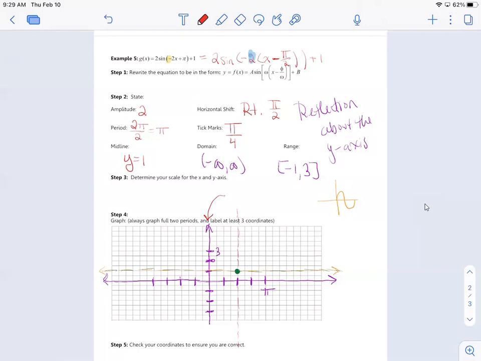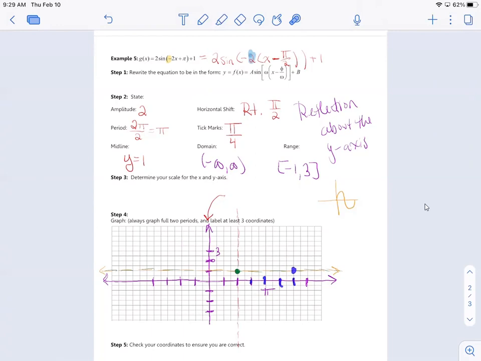So let me give myself a little bit more tick marks because the shift is really affecting how long this goes. So this is where one period is starting. I know it has to be pi units long for one full cycle. So if these are quarters, 1, 2, 3, 4, this is where one should end, correct?